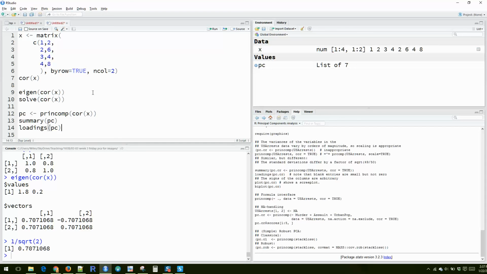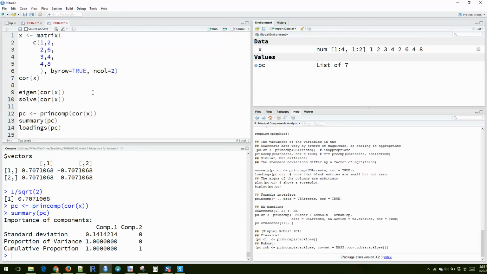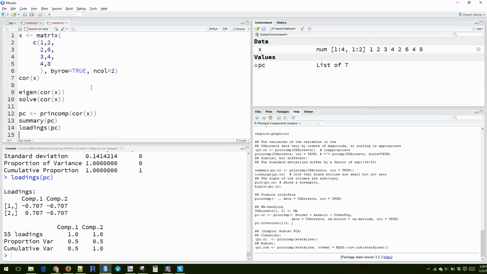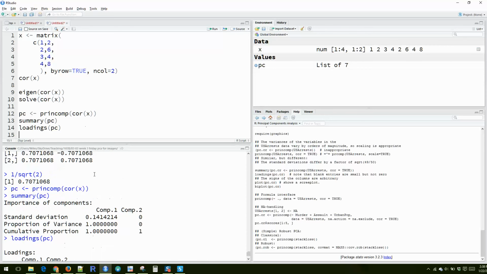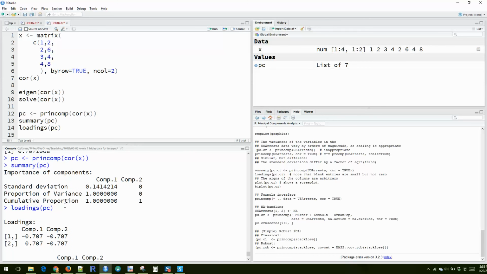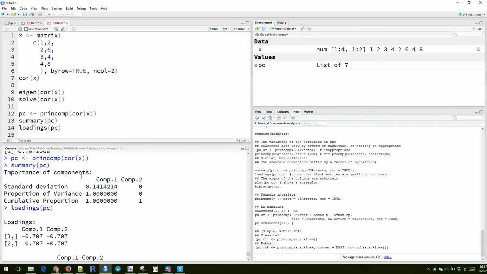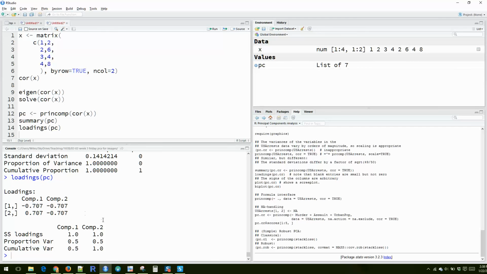If I ask for the principal components of our correlation matrix, it tells us that the loadings are basically the eigenvectors that we've used, and this will capture all of the variance in our correlation matrix here.